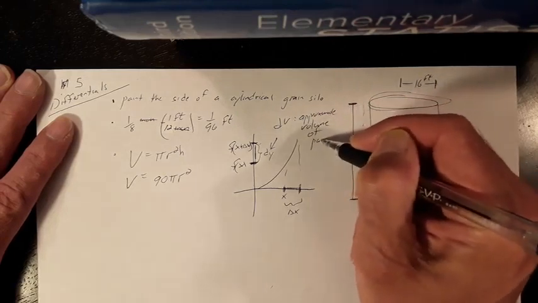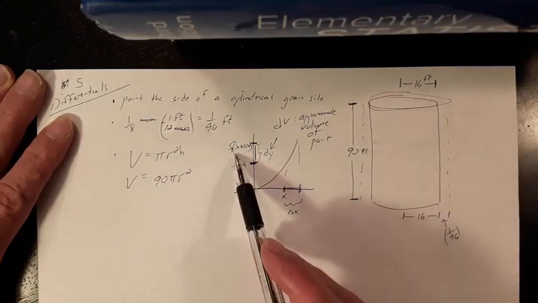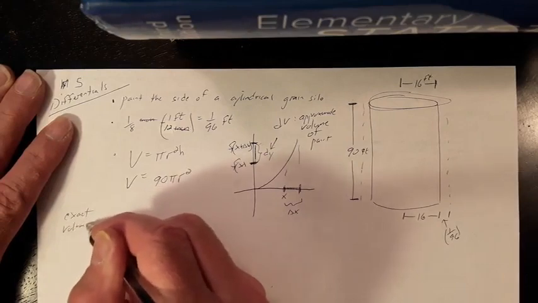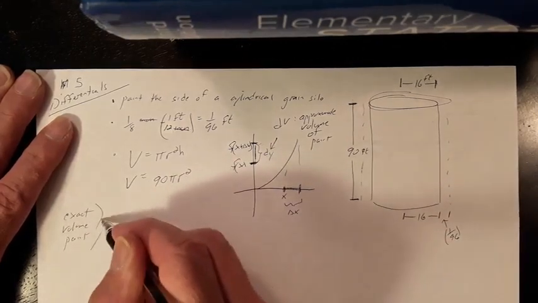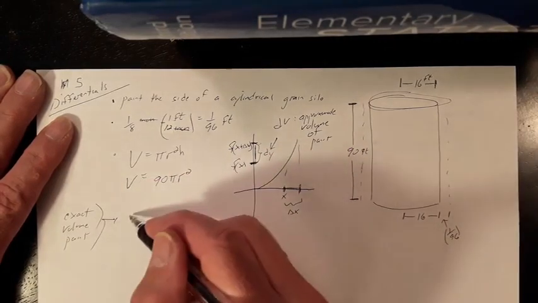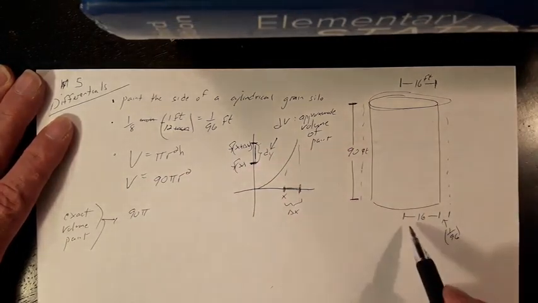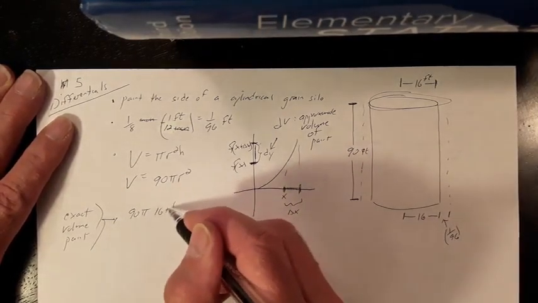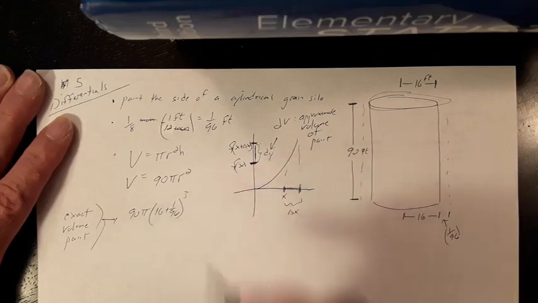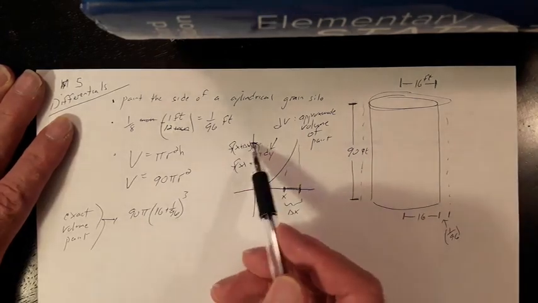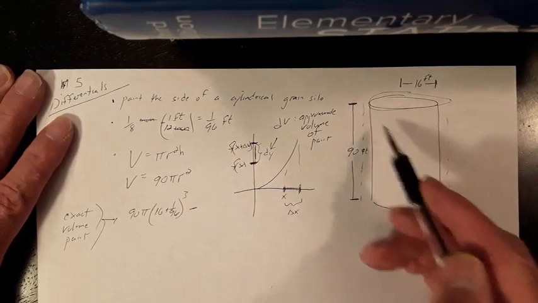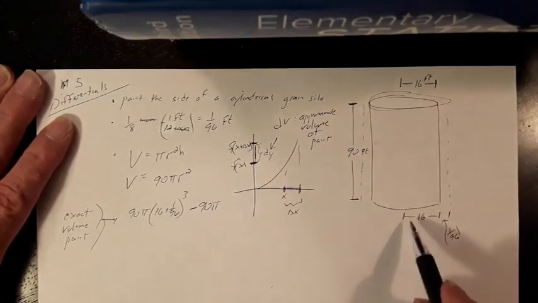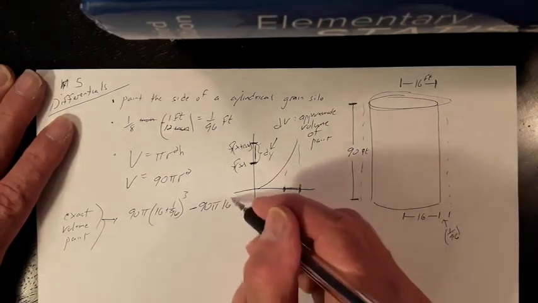If you wanted to know the exact volume of paint, you could evaluate the volume at 16 plus a 96th. There's the volume up here, and then I subtract the volume of the silo, that's 90 times pi times 16 squared.